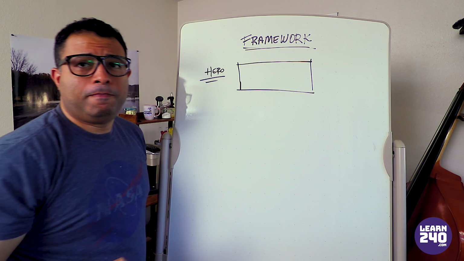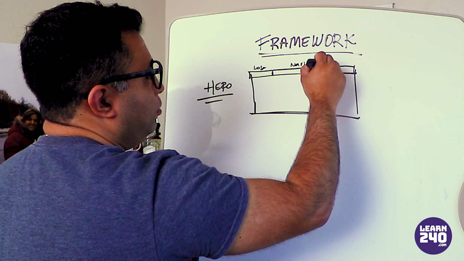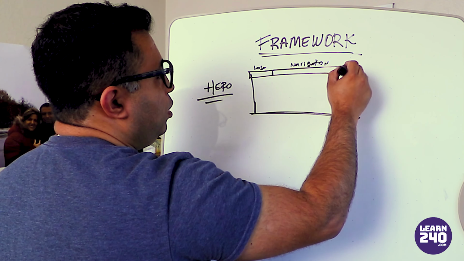At the top of the banner, we're going to have our navigation. We're going to have the logo right here. This is the logo, this is the navigation. And here we're going to have a call to action, a CTA, for the phone number.